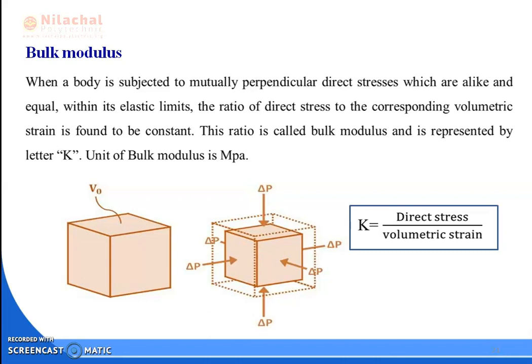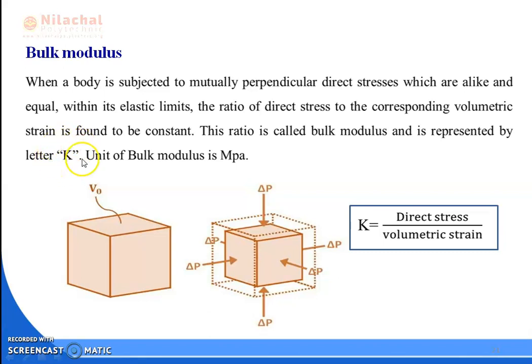It says that when a body is subjected to mutually perpendicular direct stresses which are alike and equal within its elastic limits, the ratio of direct stress to the corresponding volumetric strain is known as a constant. This ratio is called the bulk modulus. It is expressed as capital K.